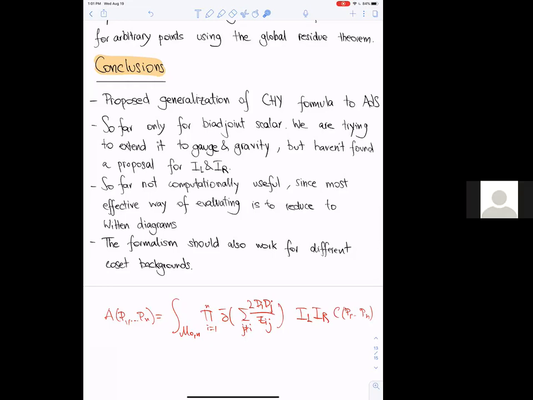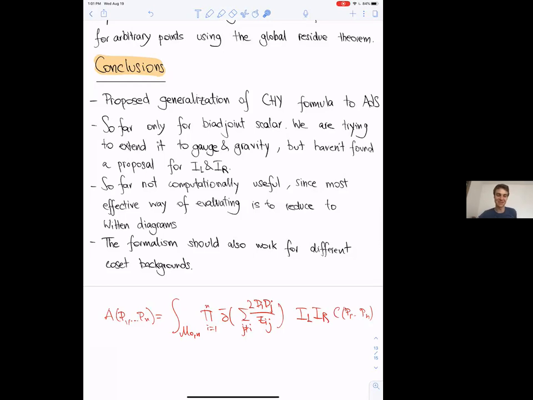I wanted to ask about the philosophy of these CHY formulas in the ambitwistor string. So even in flat space, how do we know when a theory should admit an ambitwistor string formulation, or when should we expect that such a formulation should exist? And similarly with CHY formulas, or do people know the answer to that, or is it mostly still just exploration? I think it's just guessing.